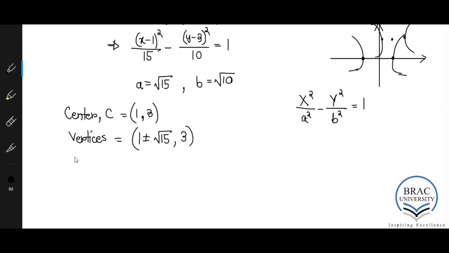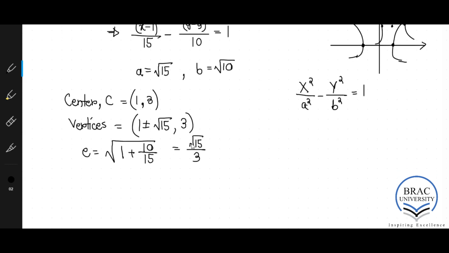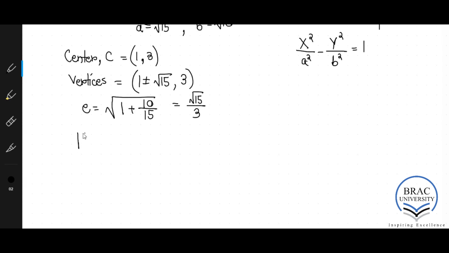Let's first write the eccentricity, since we can define the foci through the eccentricity. So this is the square root of (a squared plus b squared) over a squared, which gives us square root of 15 over 3. Okay, so now we have the foci.